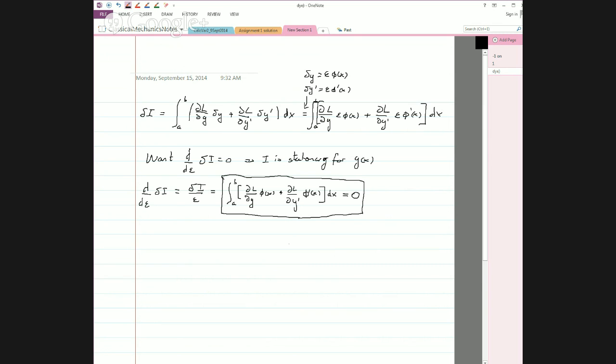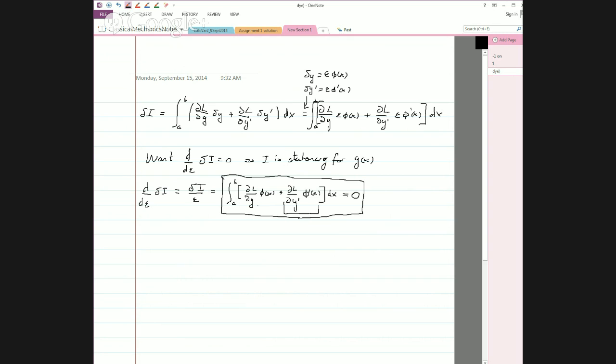So in the end, we have to obtain an equation that tells us something about y of x. So how do we go about this? So what we'll do is we'll start with this term here, the second term. And we'll integrate this second term by parts.